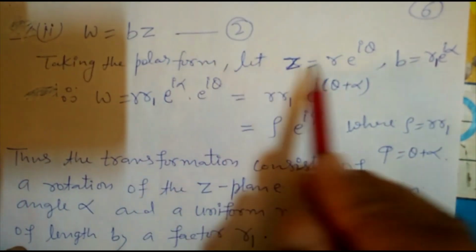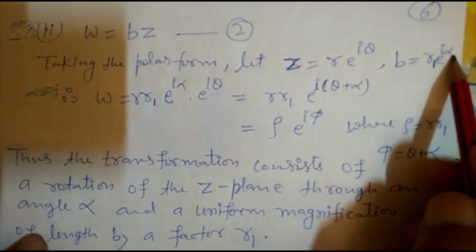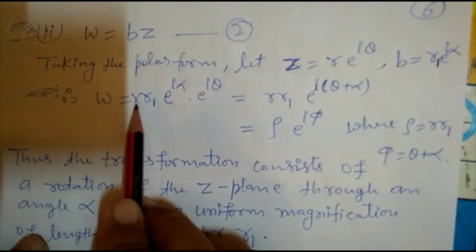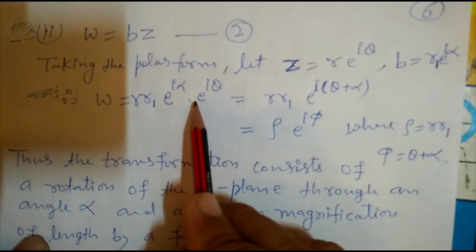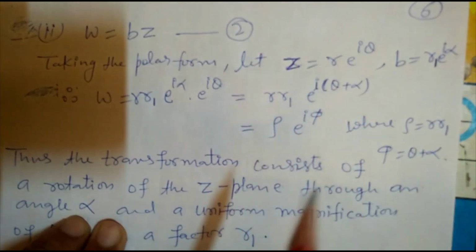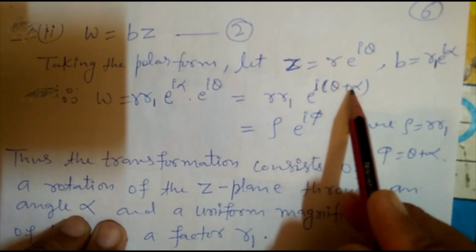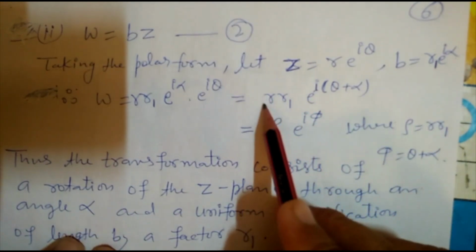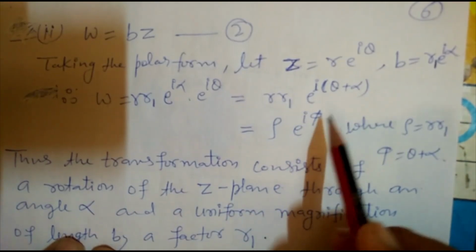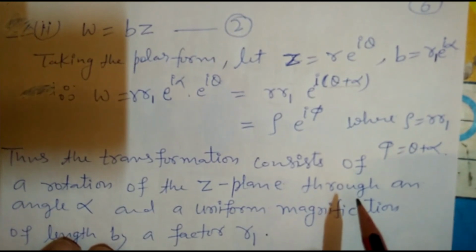If we substitute Z = r e^(iθ) and B = r1 e^(iα) in equation 2, then we obtain W = r1 e^(iα) · e^(iθ). Here the base is equal, so the powers will be added. So we get r1 e^(i(θ+α)), and if we consider r1 = ρ, then W = ρ e^(iφ), where φ = θ + α.